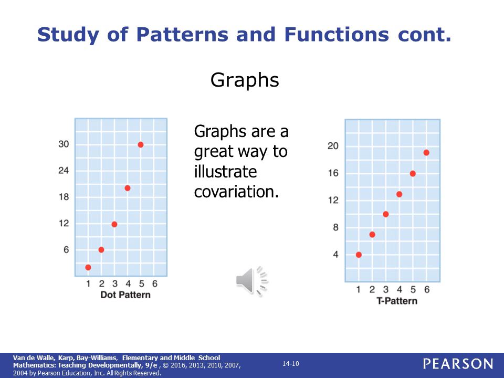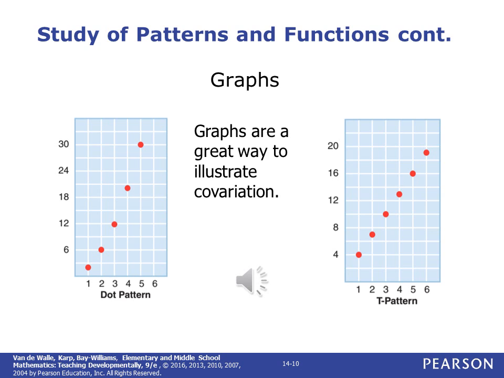If you only have whole number inputs, which is what we had because we had just whole number dots and just so many squares that we were putting together in the T pattern, then you don't want to connect them, because connecting them would mean that you could have any fractional amount of dots or squares to form your T's, and that's just not the case.